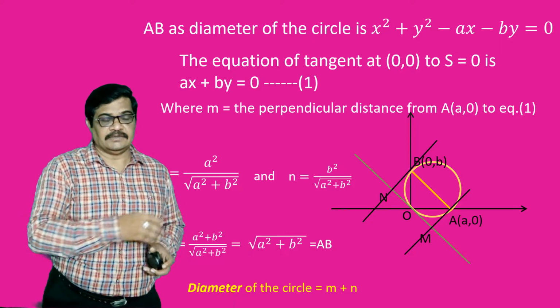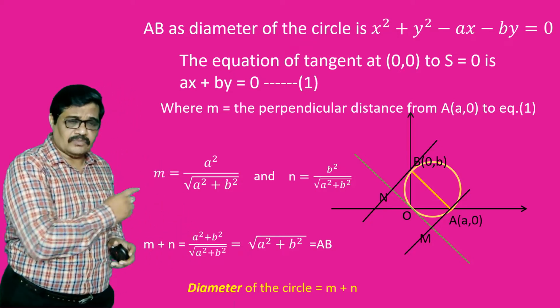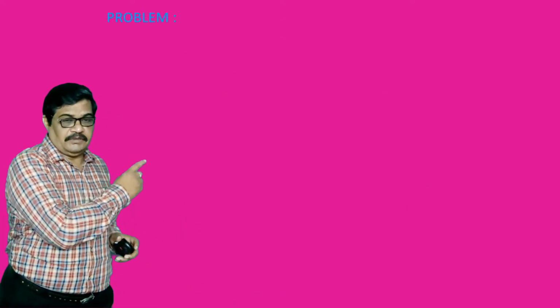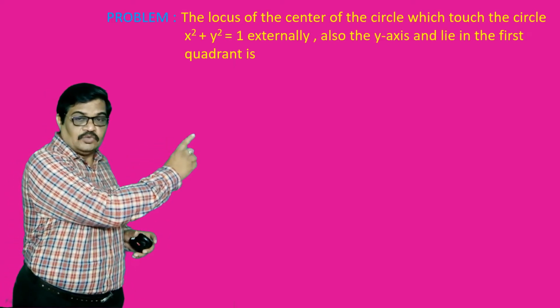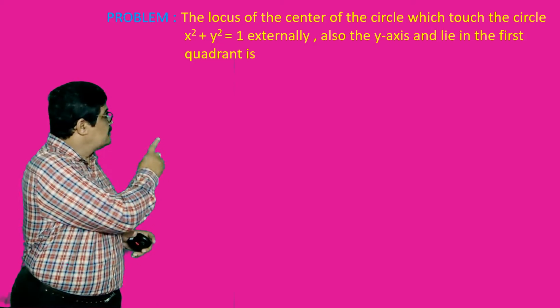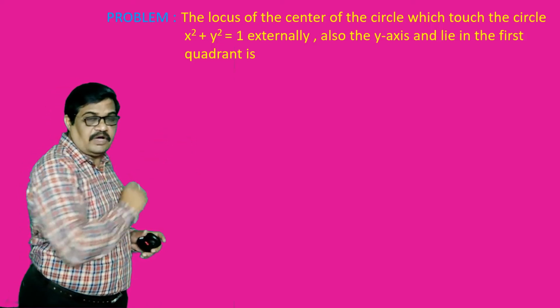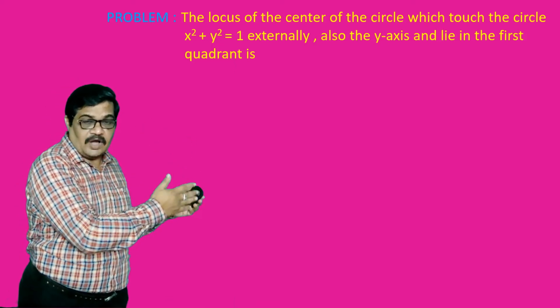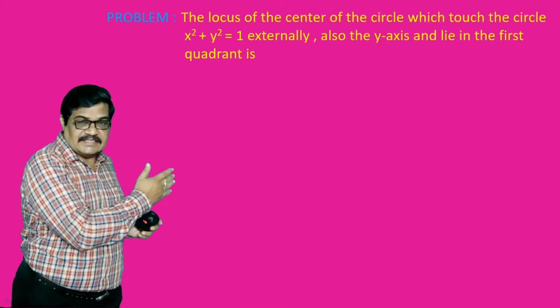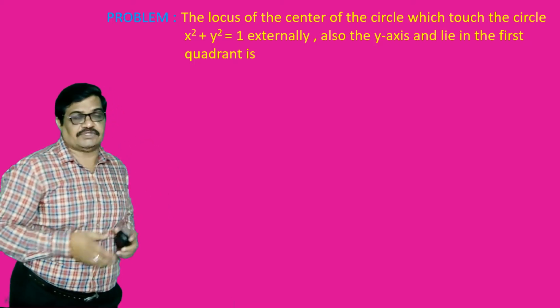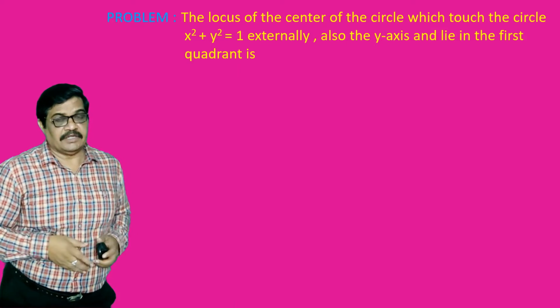Okay, next see the problem. The locus of the center of the circle which touches the circle x square plus y square is equal to 1 externally, also the y-axis and lies in the first quadrant. That is our given problem.